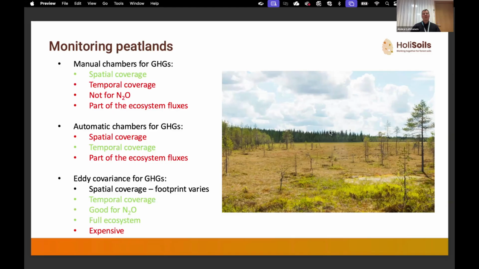I wrote there that not for N2O. Our understanding is that the N2O estimates based on these manual chambers and eddy covariance are very different, and for many reasons. These N2O emissions are so episodic from these lands that they are difficult to capture with these manual chambers.